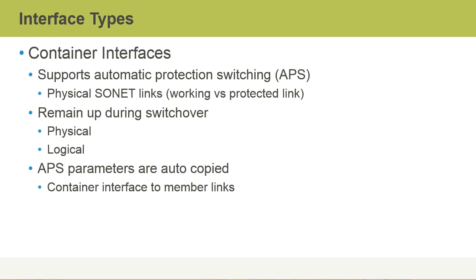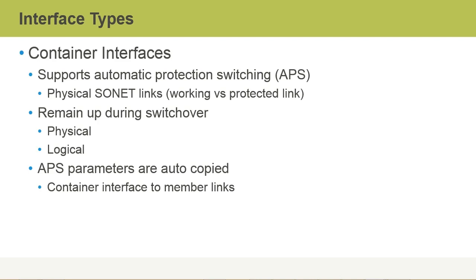They're termed the working interface versus the protected interface, or the working link and the protected link. The idea is that the working link would be used for communication, but when it fails, the protected link would become the working link. So it would take over responsibility for communication.